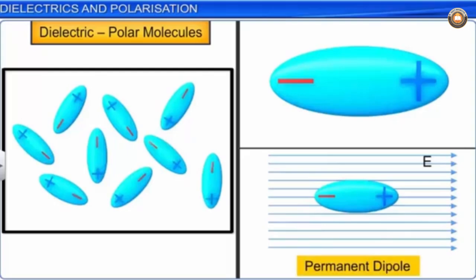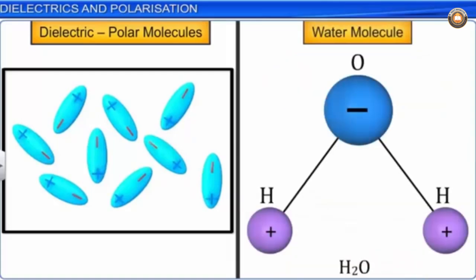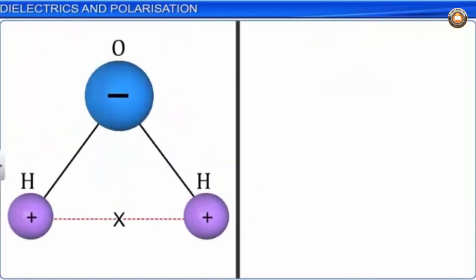Water molecule is one such example of a polar molecule. In a water molecule, the center of the negative charge is at the oxygen ion, since it is the negatively charged ion, and the center of the positive charge is at the midpoint of the line joining the two positively charged hydrogen ions. These average positions of the positive and negative charges act as point charges, and hence the polar molecule behaves as a permanent electric dipole.